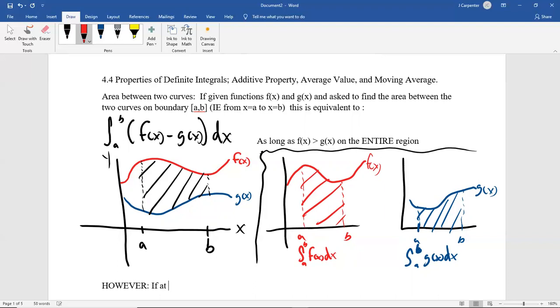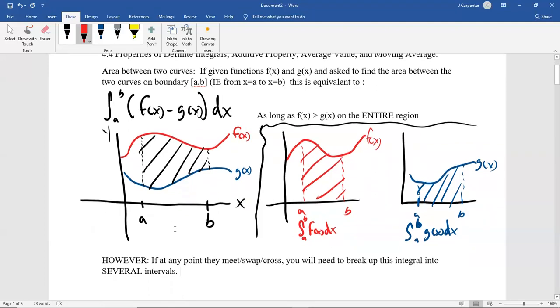However, if at any point they meet, swap, whatever you want to call it, cross, you will need to break up this integral into several intervals. Let's pause on that idea and come back to it after we do an example.